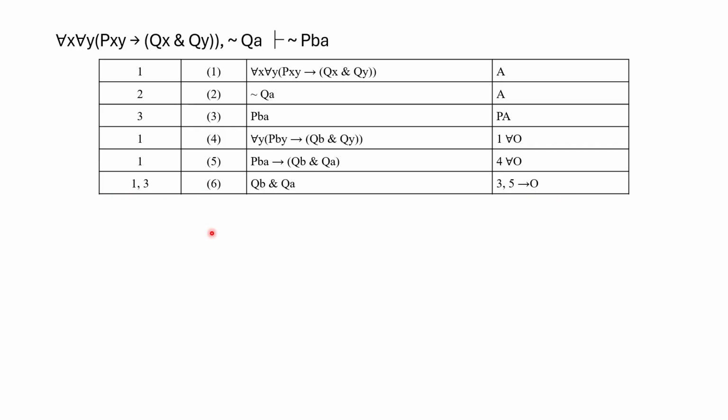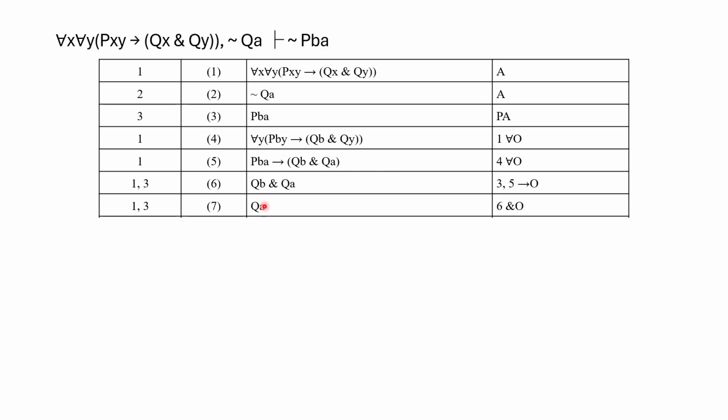And now I've got a conjunction. One of those is going to be part of my contradiction. So I've got this up here. So I'm going to use my ampersand out rule to get this QA from line 6. Once I do that, now I've got the two things I need for my contradiction.